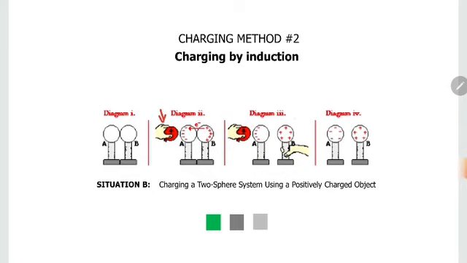Again, if you separate now the sphere B from A, mag-adjust na naman yung mga natirang electrons sa sphere B. Pag-partner-partneran nila yung excess proton such that uniform yung distribution ng excess proton over the surface of the conductor. Dito, ganito pa rin ang arrangement kasi hindi pa naman naalis yung balloon.